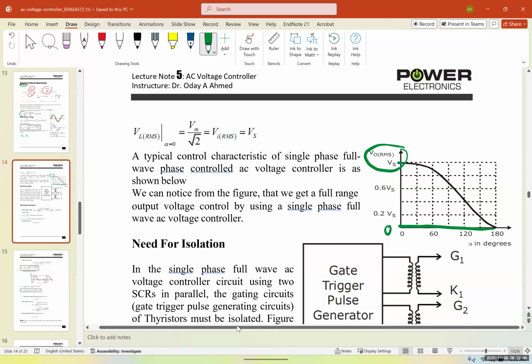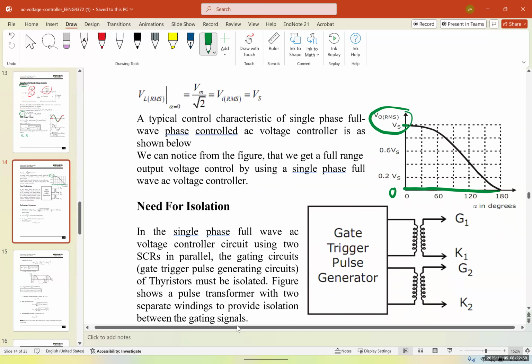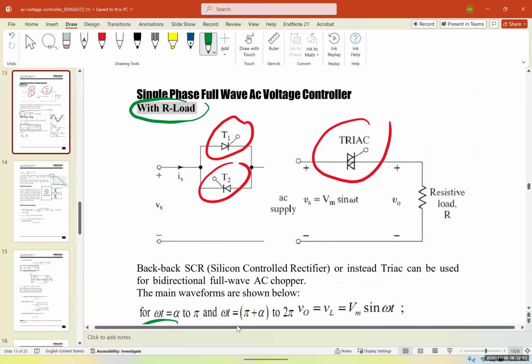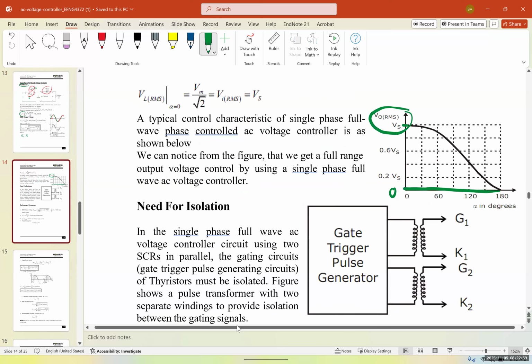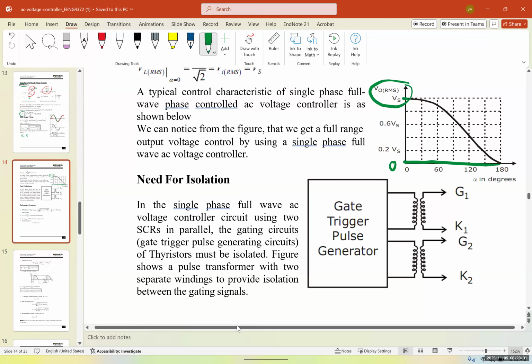Now in these systems, usually to be able to control each of the SCRs, and by the way, these are the gates for the SCRs, we need to usually oscillate them, because if we don't oscillate them, it's going to create some problems when we trigger them. So in the full wave single phase AC voltage controller circuit using two SCRs in parallel, the gating circuit or the gate trigger pulse generating circuit of thyristors must be oscillated.